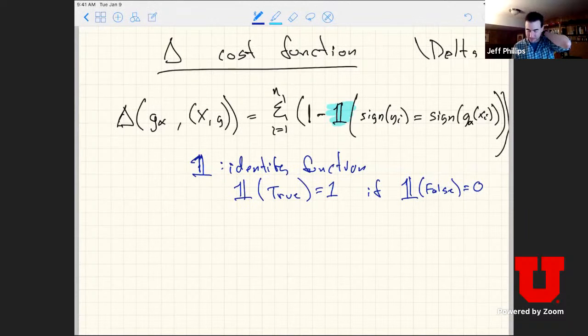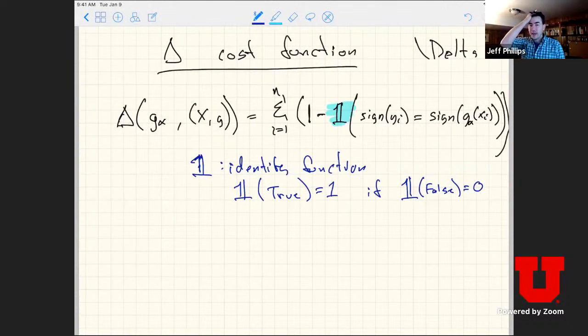Okay, so that means that if the signs match, so if sign of yi is equal to the sign of g alpha of xi, then my prediction made the right sign prediction. I gave +1 when it should be +1. Then I'm going to get a 1, and 1 minus that is 0, so it's going to have a 0 cost.